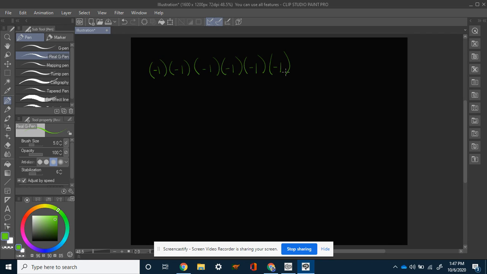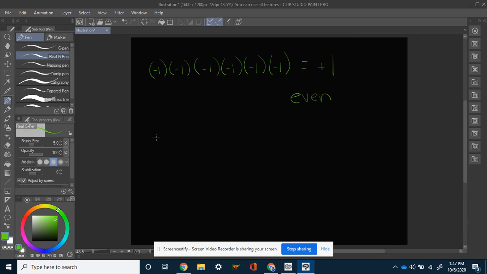We know that 1 times 1 times 1 times 1 times 1 times 1 is going to be 1. But is it positive or negative? Well, 1, 2, 3, 4, 5, 6. 6 negatives, so it is even. Because it's even, it's positive 1.